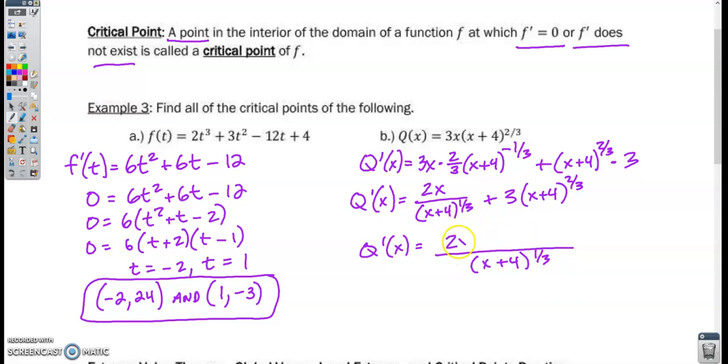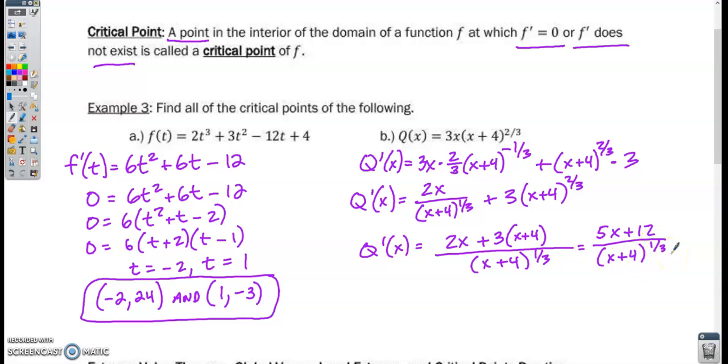That leaves the 2x as it is, and then I multiply this term by the quantity x plus 4 to the 1/3, which makes it just 3 times the quantity x plus 4. And so I can simplify this to 5x plus 12 over the quantity x plus 4 to the 1/3 power.